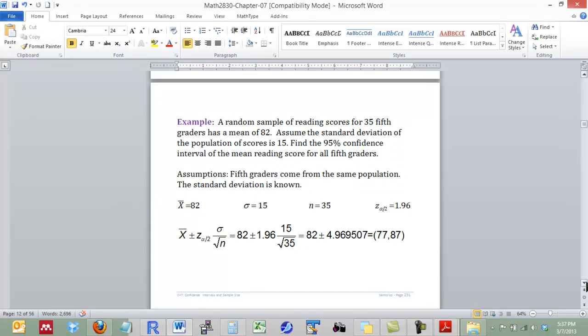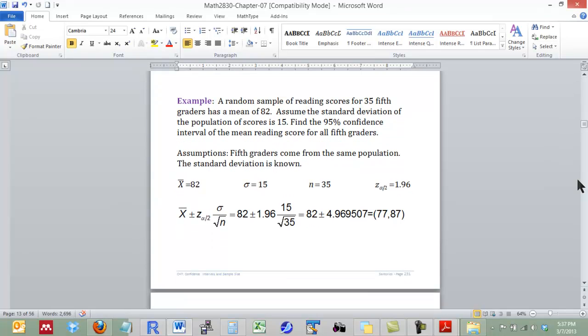All right, so an example for constructing a confidence interval. So say we have a random sample of reading scores for 35 fifth graders, and that sample has a mean of 82, right? So that's the sample mean. Let's say that we're going to assume that the standard deviation for your population of scores is 15, right?